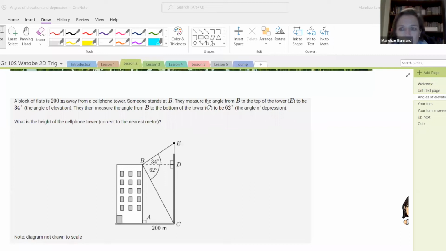And then I want to know if anyone has a plan. What do you think we should do? What should be our plan here? Because we want the height of the cell phone tower.